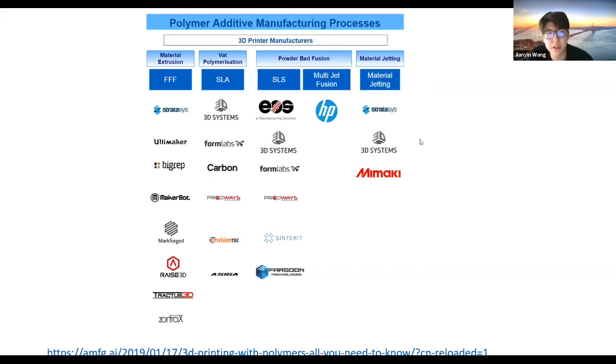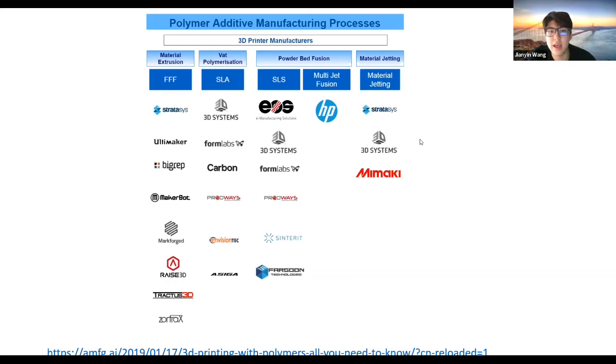To be specific, SLA relies on liquid photocurable resins. They are selectively cured by a UV laser layer by layer, causing the resin to solidify. However, these parts tend to be less durable than parts produced with other additive technologies.